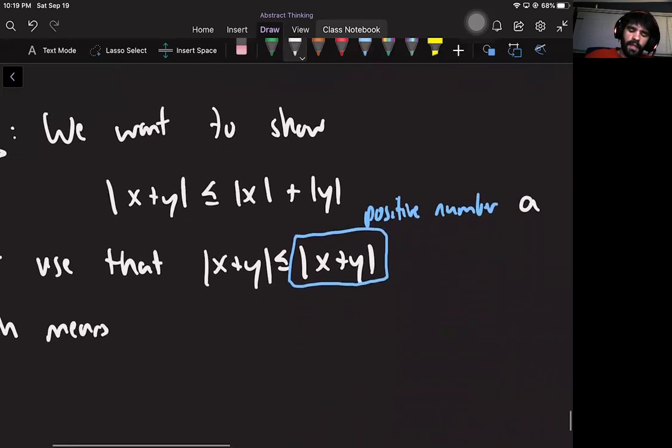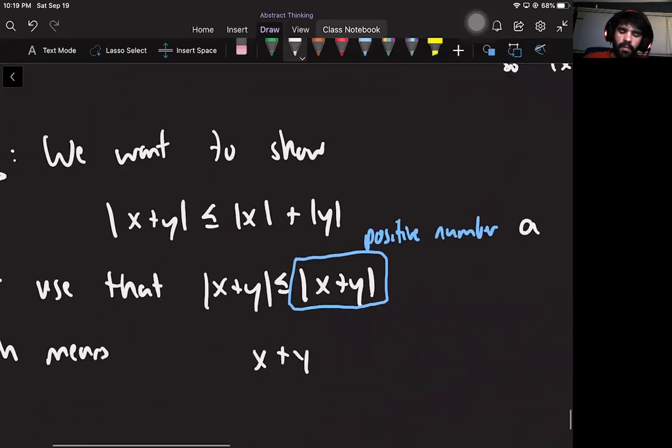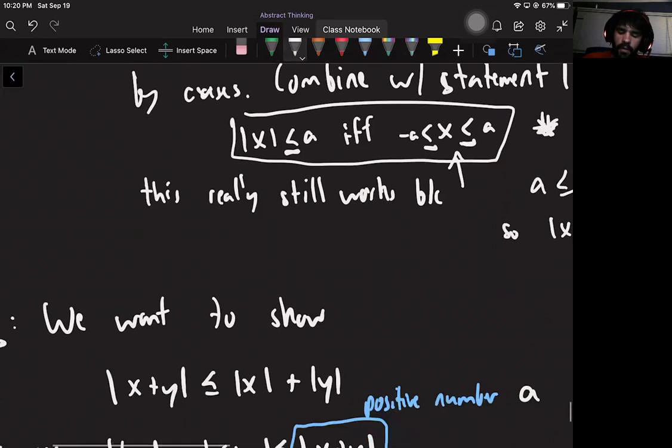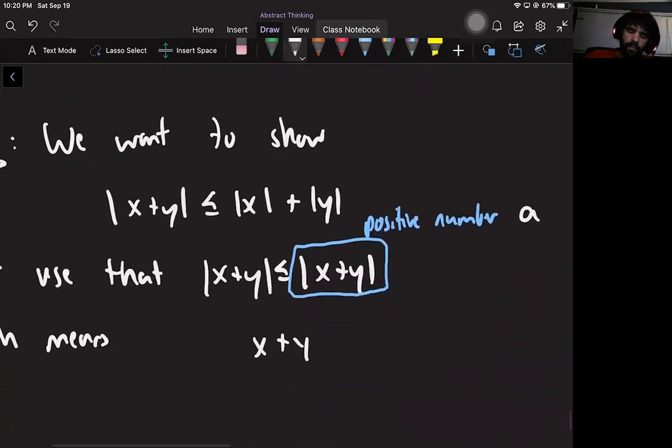And so what this means is that the guy on the left, without the absolute value anymore, that's what x plus y is here, is now going to be trapped between the positive version of this thing on the right and the negative version of this thing on the right.